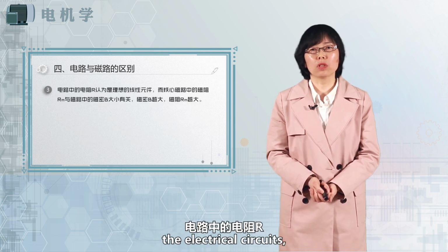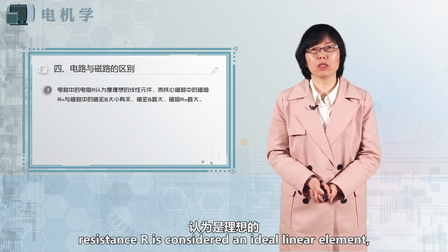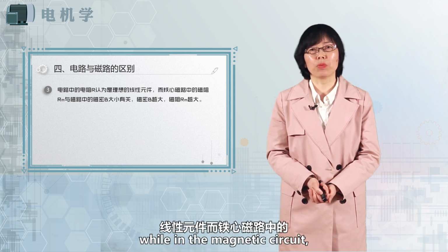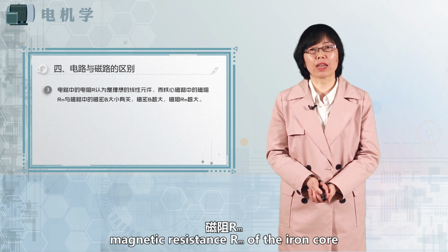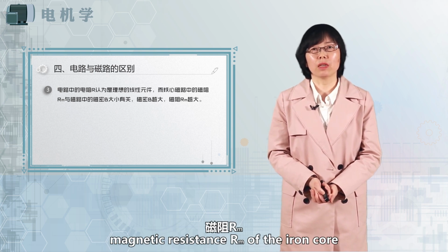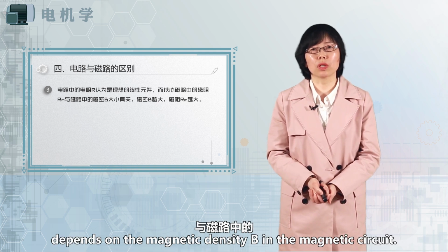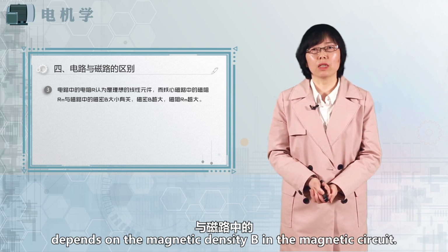3. The electrical circuit's resistance R is considered an ideal linear element, while in the magnetic circuit, the magnetic resistance R sub m of the iron core depends on the magnetic density B in the magnetic circuit.